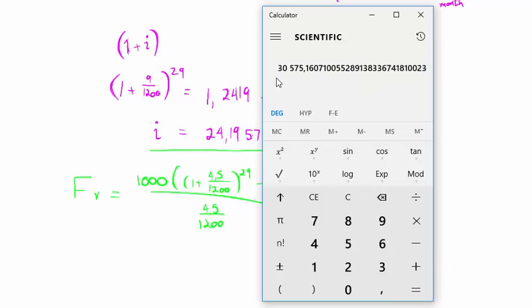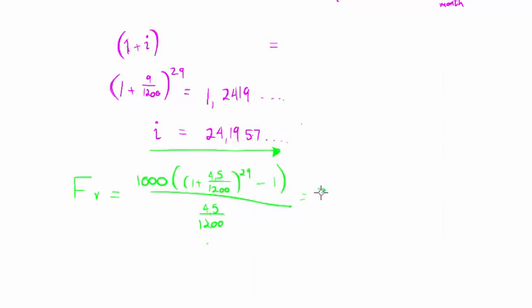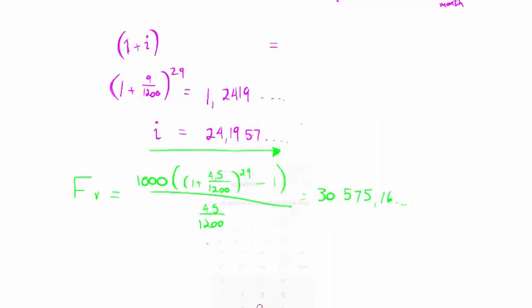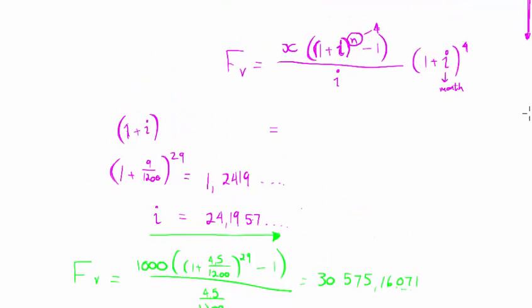So you can see he invests about 30,575.16. Again, you shouldn't round off, so I suppose I should add another few digits: 071, that seems enough. So these are now the values I put in here.